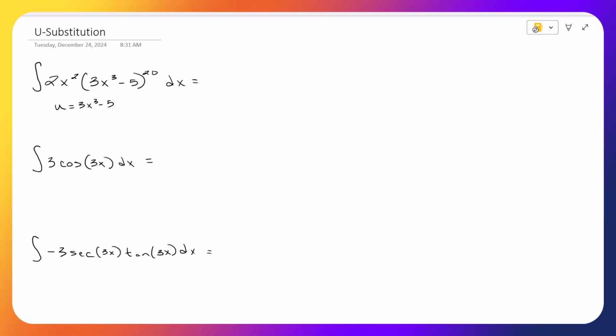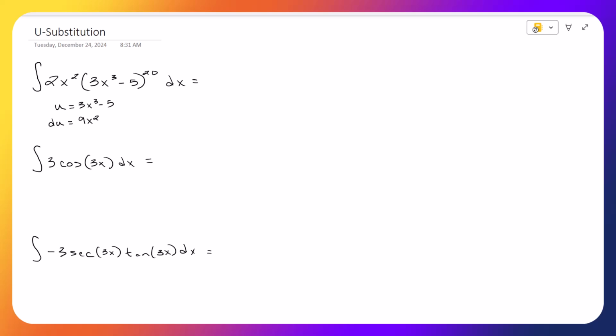And then, like I said, if we take the derivative of this, so if we say du, the derivative of u with respect to x, I'm just not writing that dx anymore, is equal to 9x squared. This isn't exactly the same, but it's close.